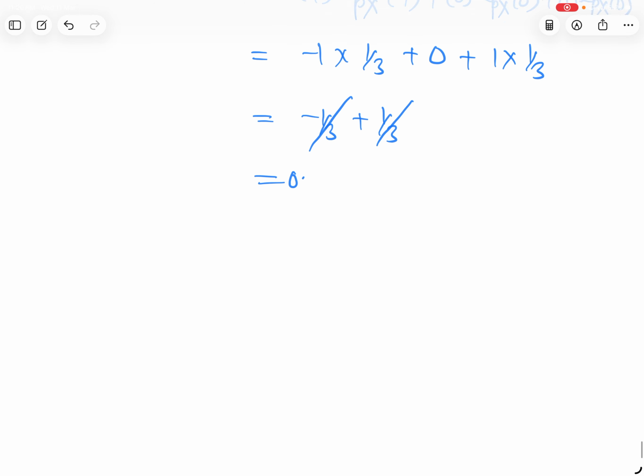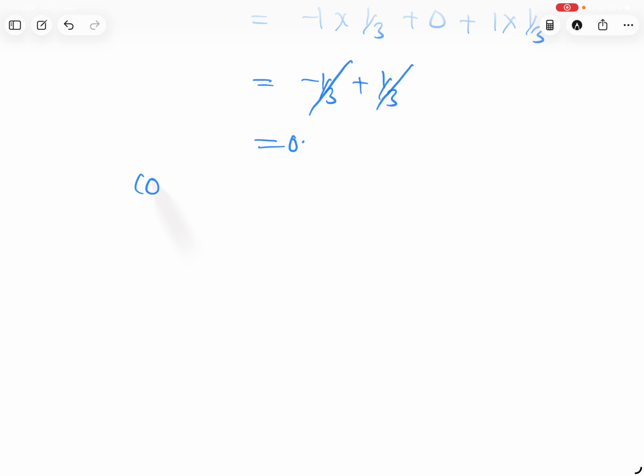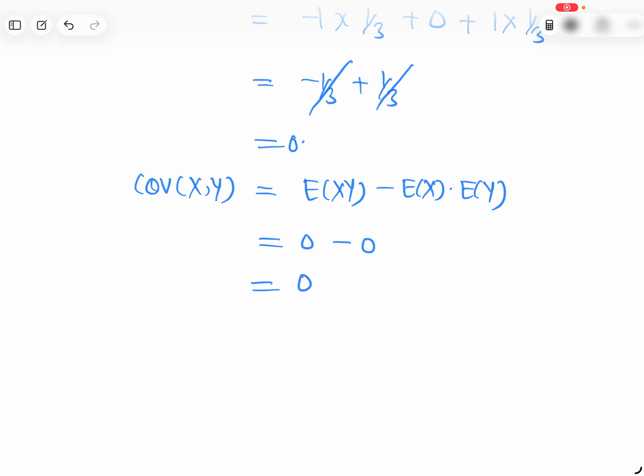Now tell me what is the covariance of X and Y. Can you tell me? Covariance is given this way. This is the formula for covariance. Now this value is 0 and E[X] value is also 0. If E[X] is multiplied with anything, it will be 0. So this becomes 0. So what does this mean?